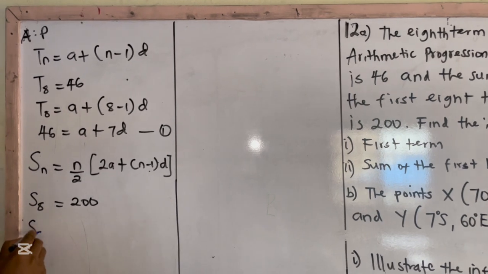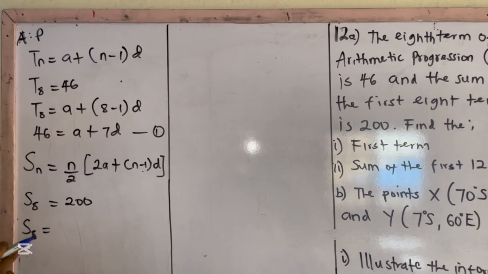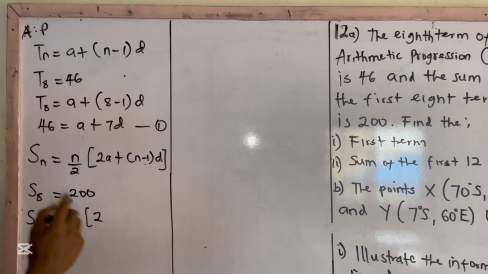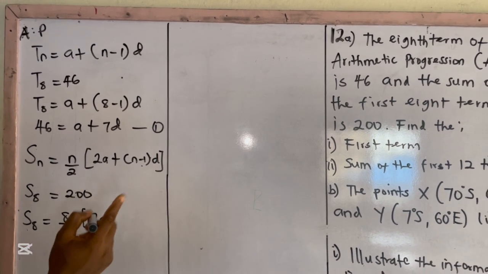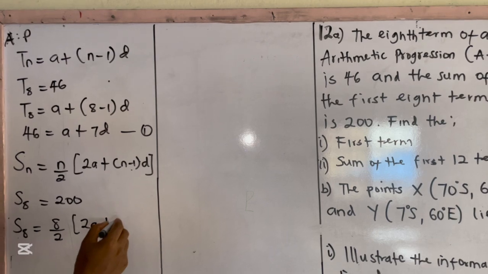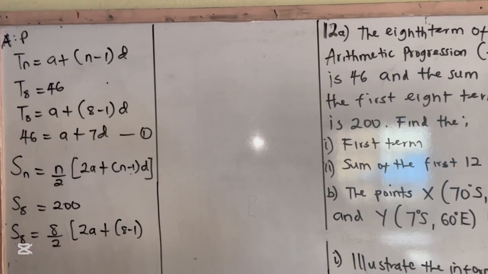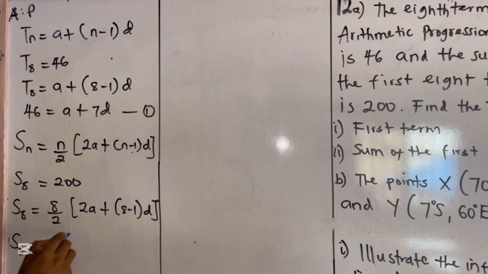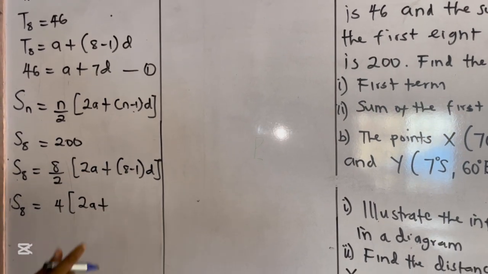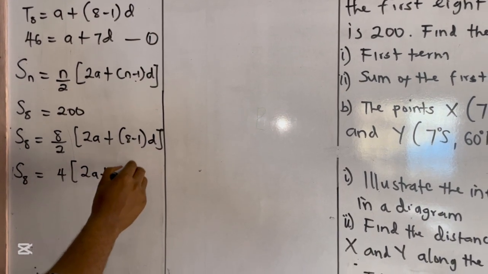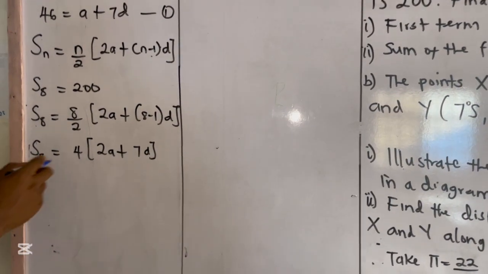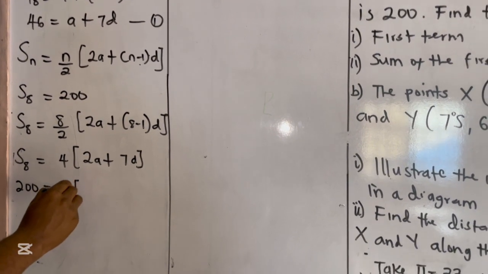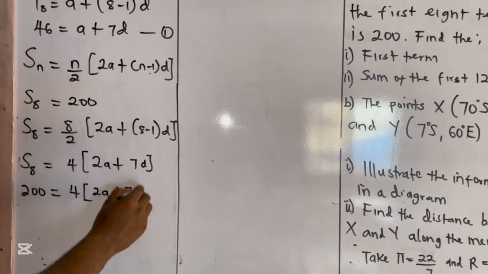So for the sum of the first 8 terms, n is 8 over 2, 2a, since we have not been given the first term, plus 8 minus 1 d. So we have 4 in bracket 2a plus 8 minus 1, which gives us 7, 7 times d is 7d. The sum of the first 8 terms, as we already know, is 200. So 200 is equal to 4 in bracket 2a plus 7d.